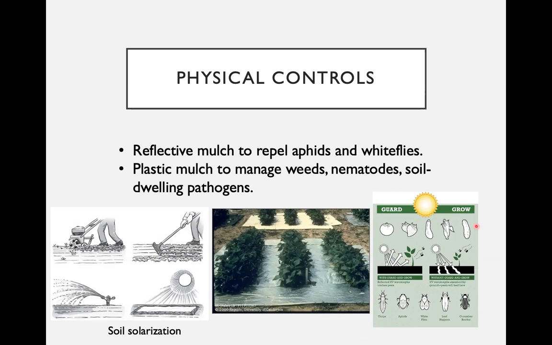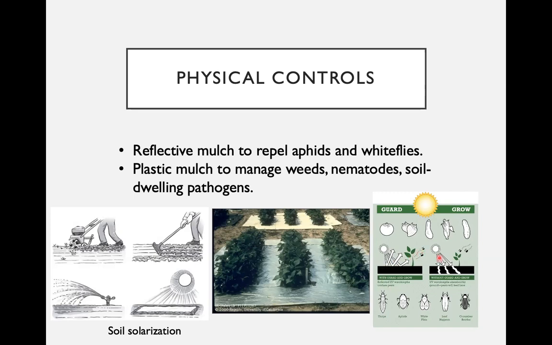Another option, kind of a neat one shown on this slide here, is the picture in the middle in this little figure. This is called reflective mulch. It's another type of plastic sheeting, but it reflects UV light. And it pretty much confuses a lot of these insects that you see here, like thrips and aphids and whiteflies. It confuses them to the point where they don't even really see the plant.